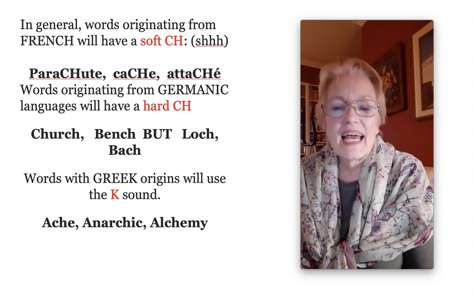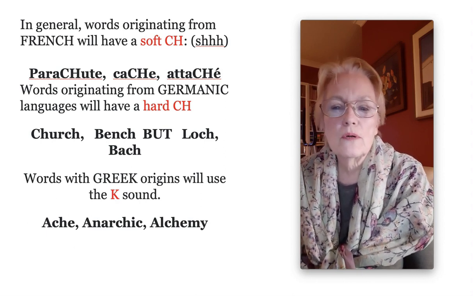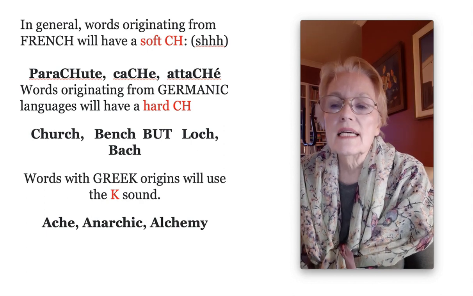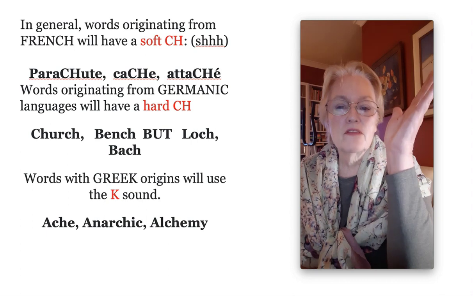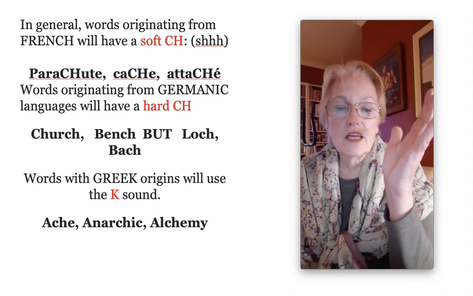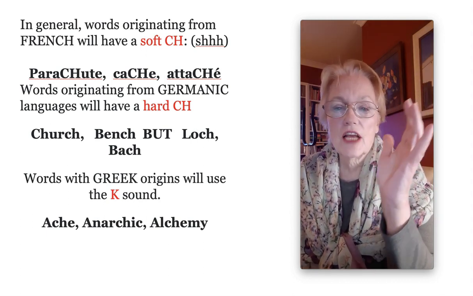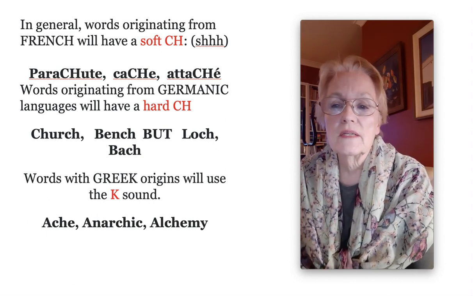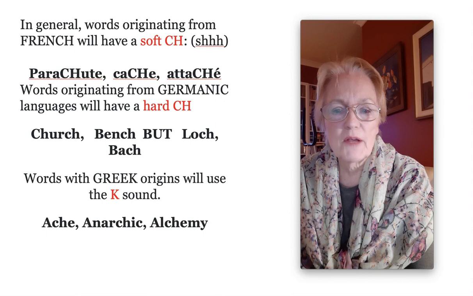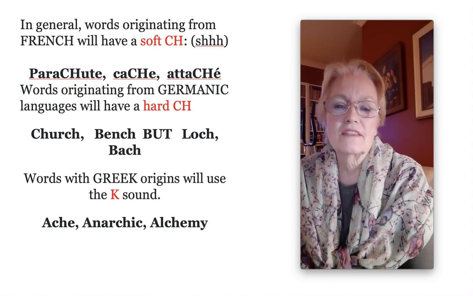And cachet, I should have actually put an acute over the E there. All right, but the French go on the E, you will have the grave or you will have the acute. If it's an acute, it goes A at the end, cachet. Okay, cachet. And I've done it on the third word, attaché. Okay, so there's the sh sound.